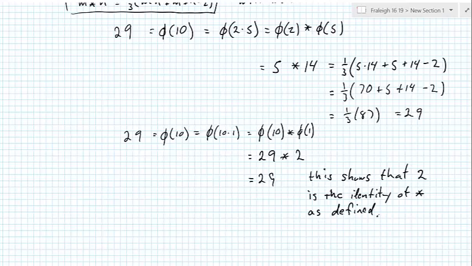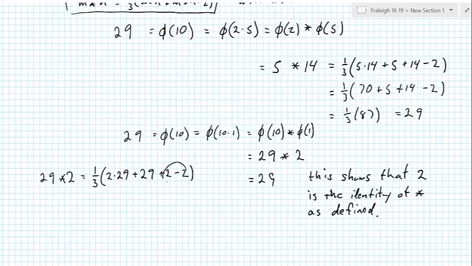And let's just really quickly check that 29 star 2 is still 29. And so that'll be, according to our definition, 1/3 (2 times 29 plus 29 plus 2 minus 2).